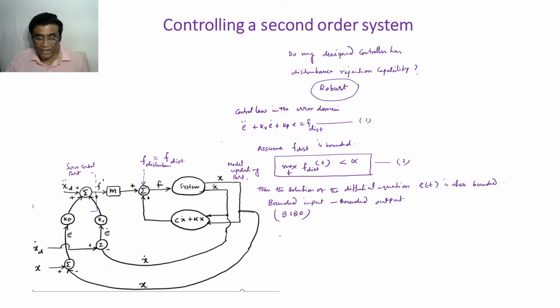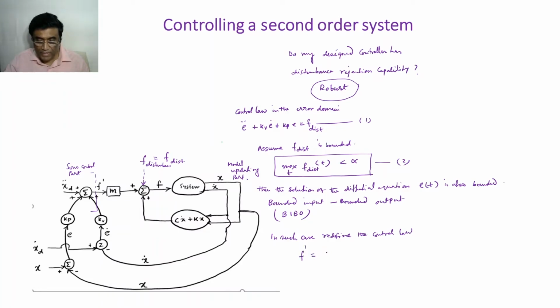So steady state error. So in that case, I need to redefine my control law. So what was my earlier control law?